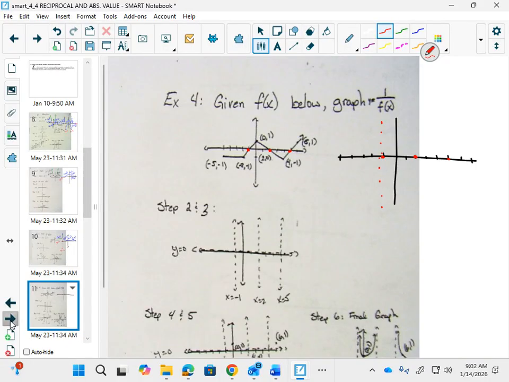So those will become 3 vertical asymptotes. 1 at -1, 1 at 2, and 1 at 5. Does your graph go up forever or down forever? So I'm going to look on this side, no arrowhead.